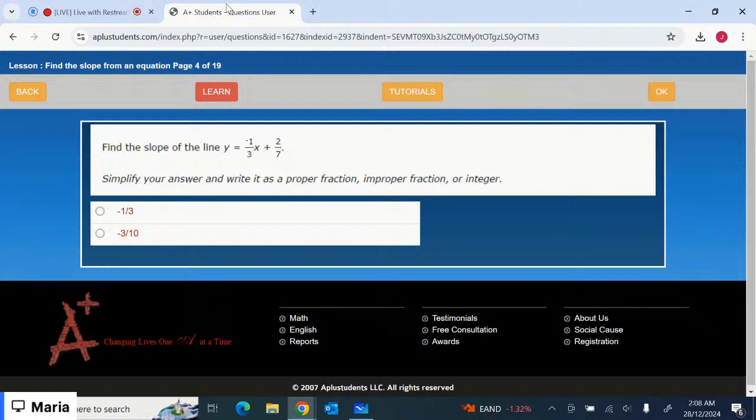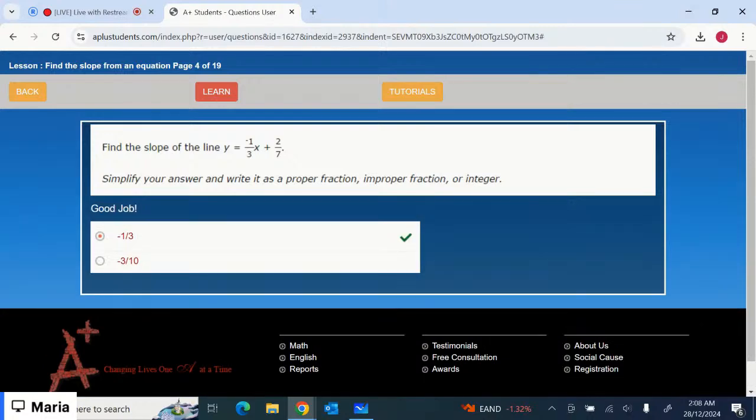That is negative 1 over 3. The slope is negative 1 over 3. Option number 1 is the correct option.